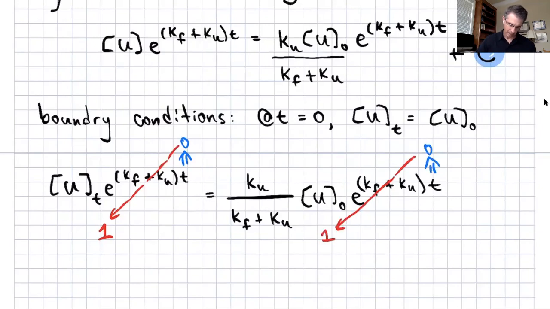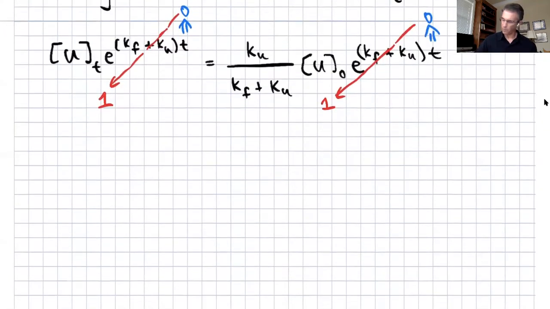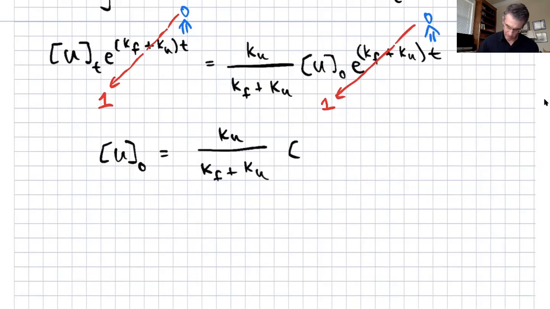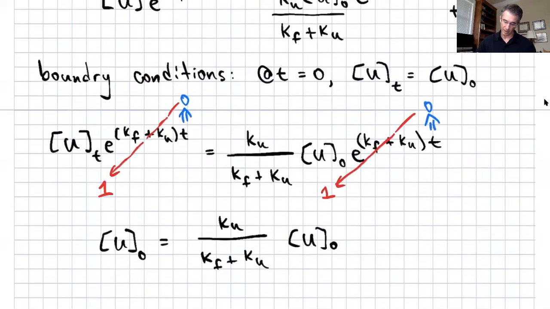Oh, that's kind of convenient, because now we can rewrite that as simply the concentration of u at time 0 has to equal ku divided by kf plus ku, concentration of u at time 0. Oh, I dropped a term. Sorry, over here, we have to have our constant, because that's the whole point. All right, so there's our constant.